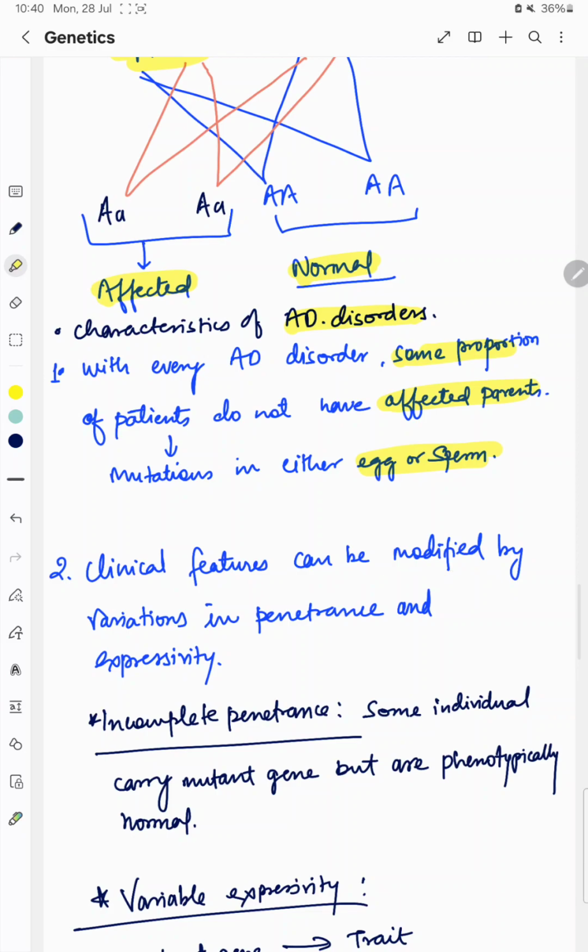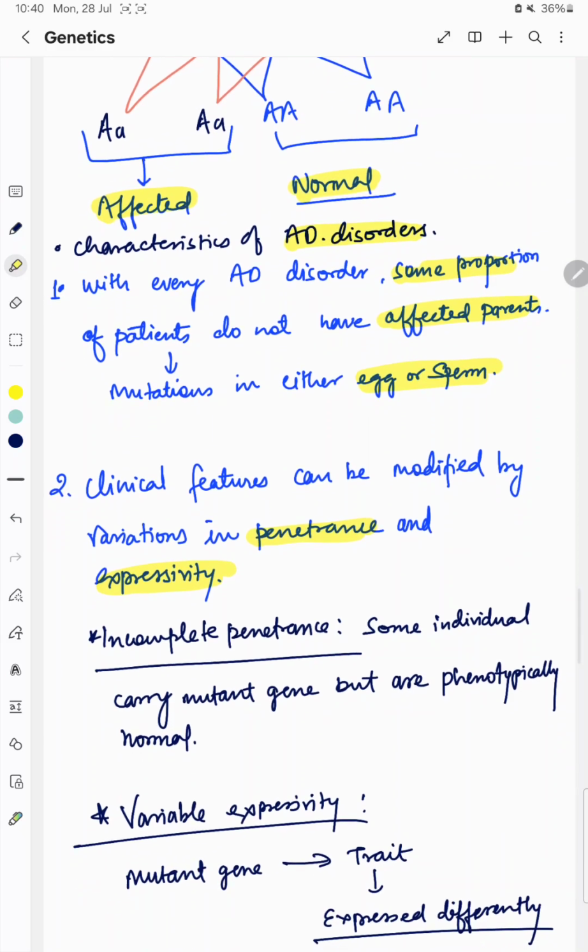Clinical features can be modified by variation in penetrance and expressivity. Autosomal dominant disorders show incomplete penetrance, which indicates some individuals carry the mutant gene but are phenotypically normal. They have the mutant gene but an absolutely normal phenotype.